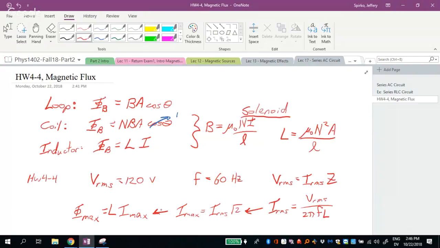So how do we turn the RMS current into a maximum current? They're different by a factor of the square root of 2. The RMS is less by a factor of the square root of 2. So all we have to do is multiply by the square root of 2, and we get a maximum value. So take this fraction, put another square root of 2 on it to get the maximum current.